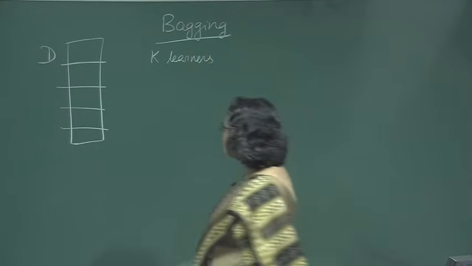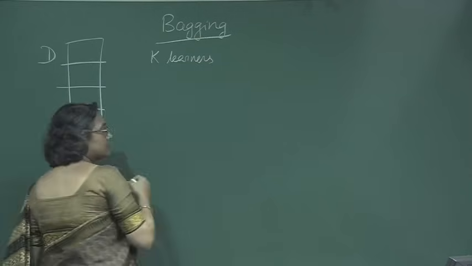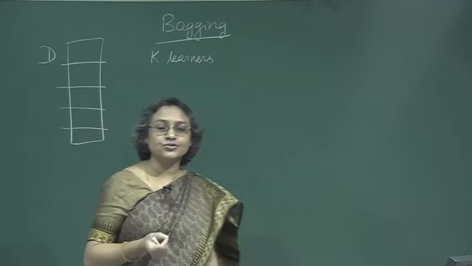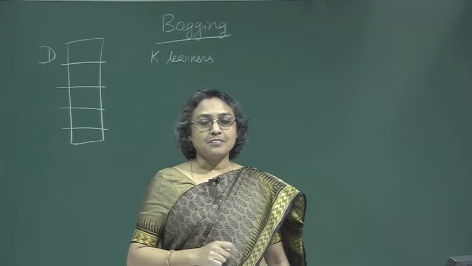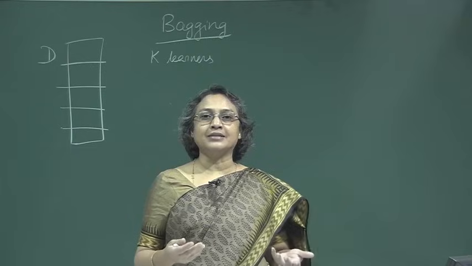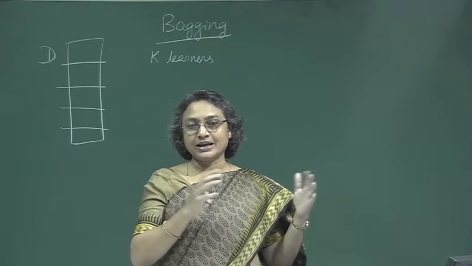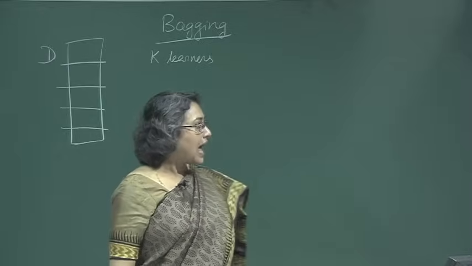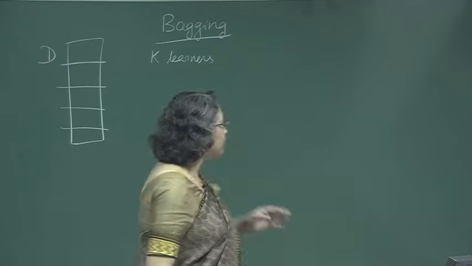So, we will not be able to afford to have fully independent data, but we can sample randomly from the data, so that there may be some overlaps, and we do that by a method of sampling.